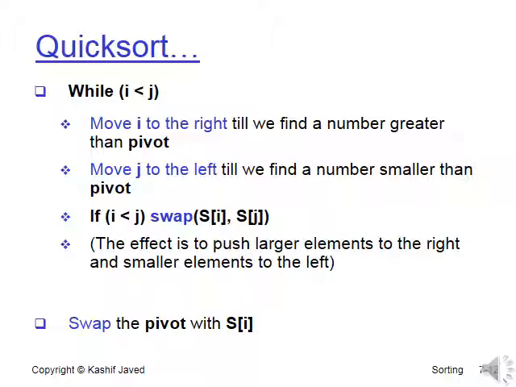Now, if i is less than j, we swap the two values at index i and j. The rationale here is to push larger elements to the right and smaller elements to the left. At the end, we swap the pivot with array index i.